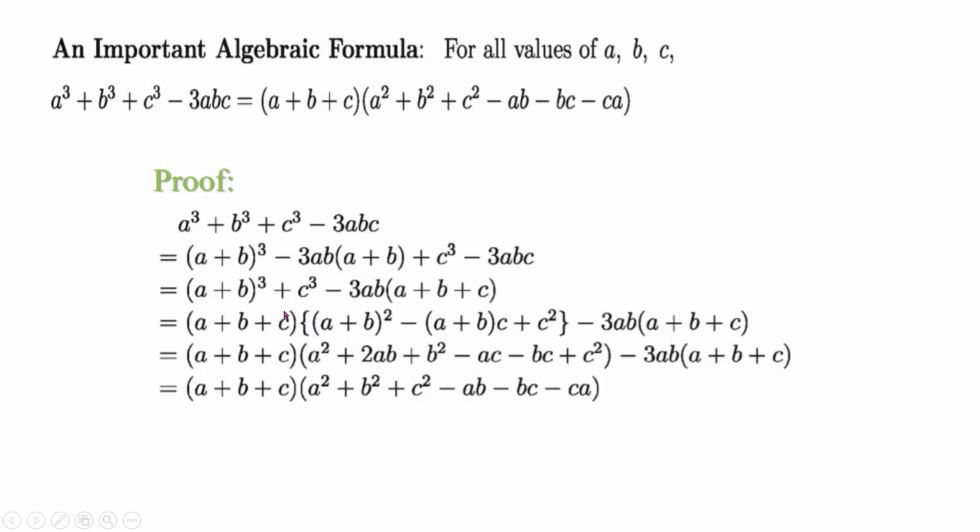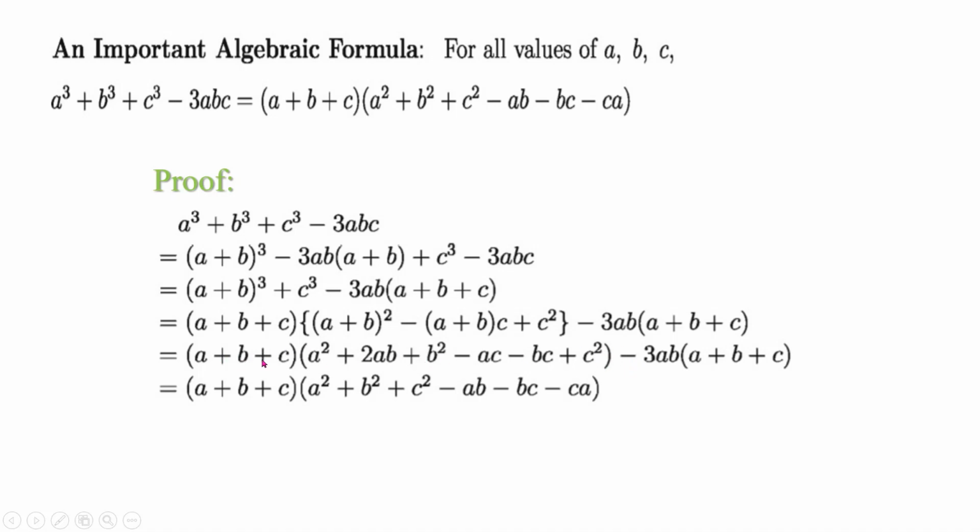Here a is a plus b, and b is c. So a plus b becomes a plus b plus c, into a plus b whole square minus ab, where a is a plus b and b is c, plus b square, which is c square. Again, applying the formula of a plus b whole square, you get a square plus twice ab plus b square, and multiplying these two, you get minus ac minus bc plus c square.